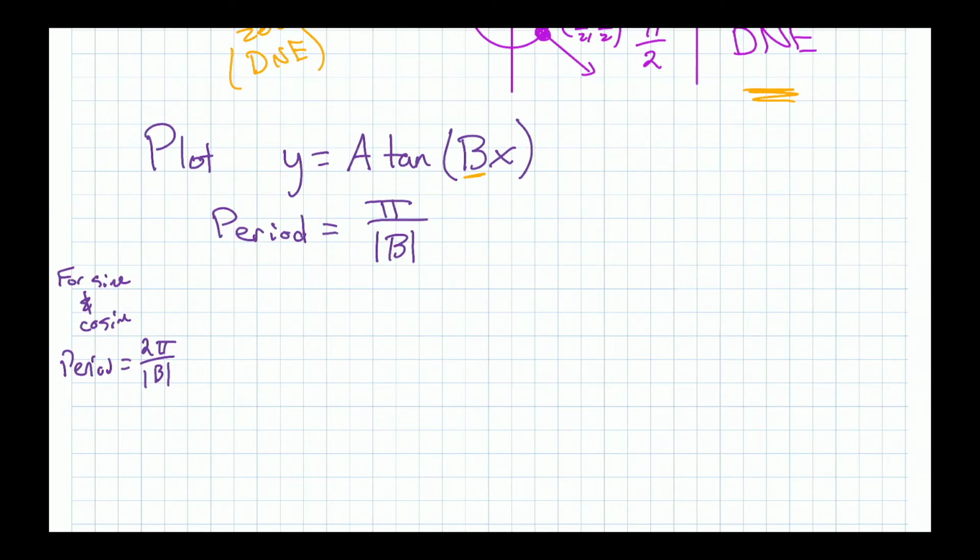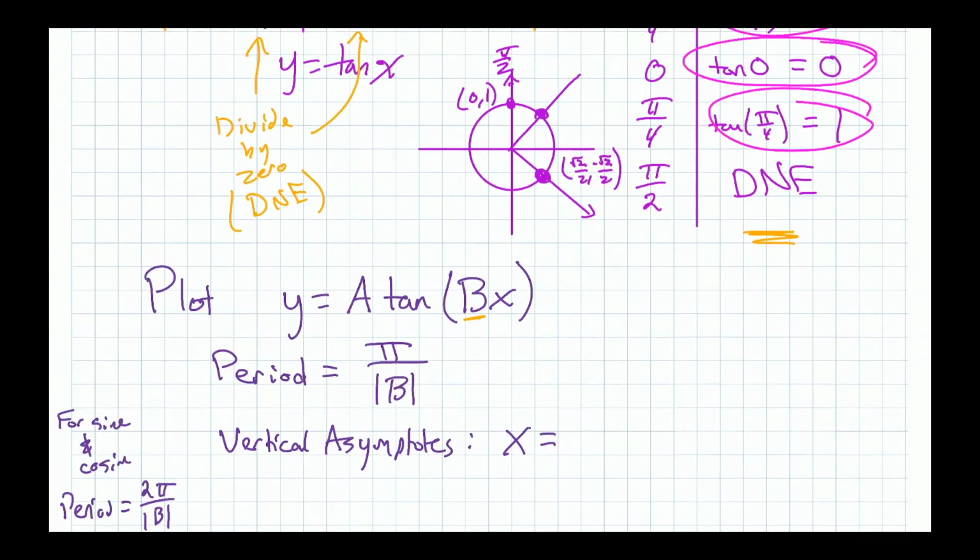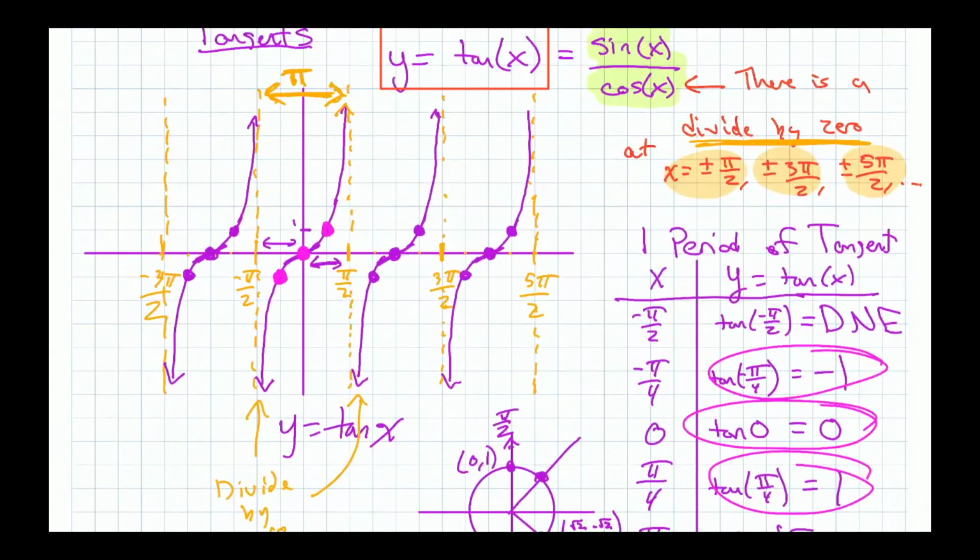From there, what you're going to do is say, well, that means that you have vertical asymptotes at what points? Well, so they're at x equals the first one, like when the period is pi, the first one's at pi over 2, right? So that's half a period.